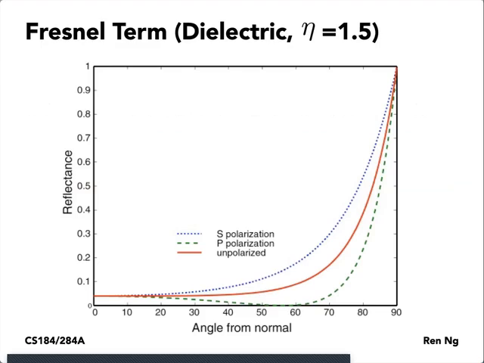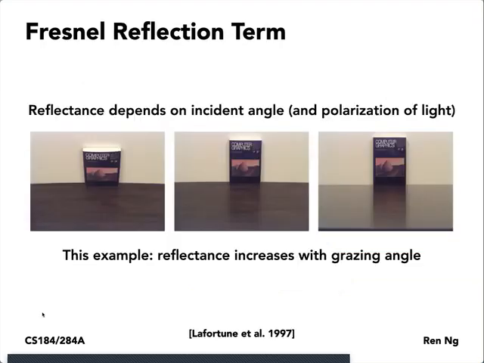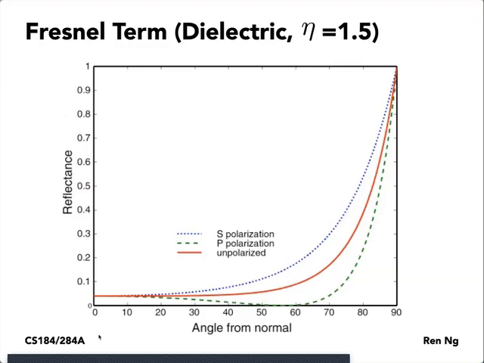And the general class of materials for which this occurs are called dielectrics, things like plastic materials, glass materials, things like this. This is a dielectric curve for an index of refraction of 1.5, and so some type of glass material. The horizontal axis is the angle from the surface normal. So 0 degrees means that the reflection direction is like in the original picture, coming down from a pretty high angle, close to the surface normal direction, 0.